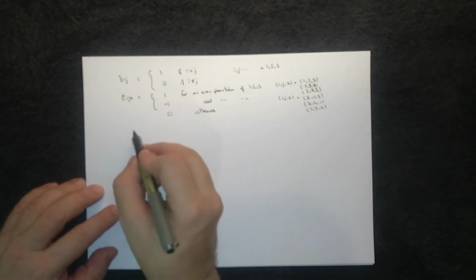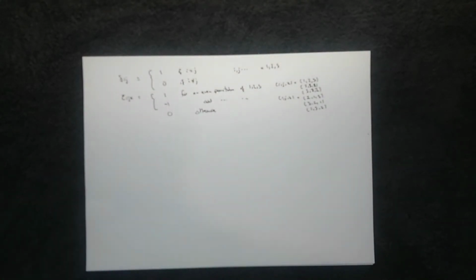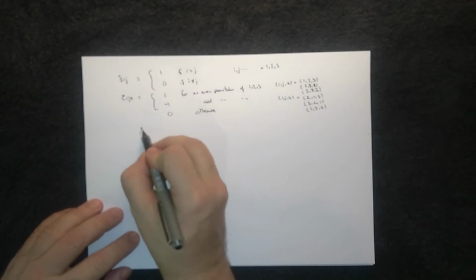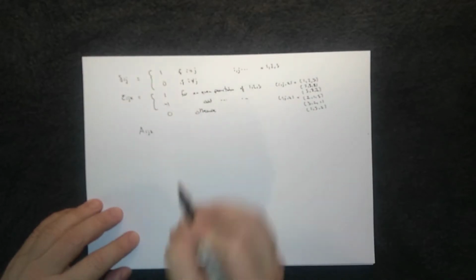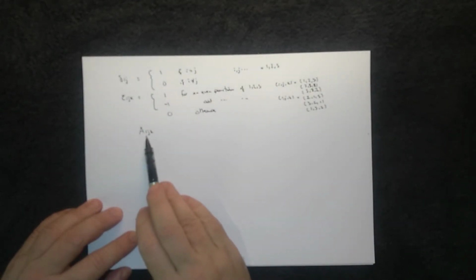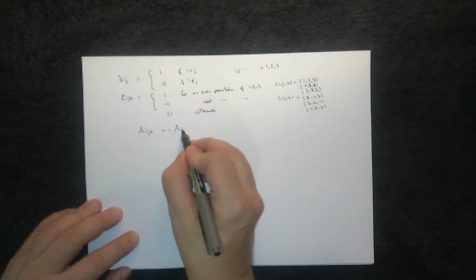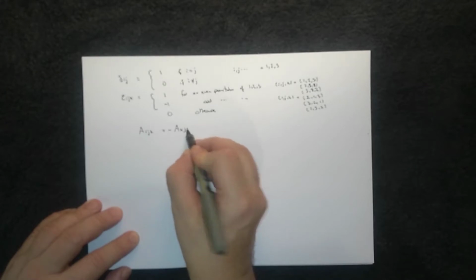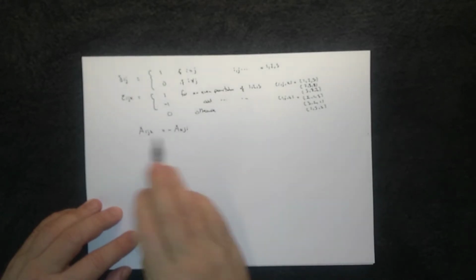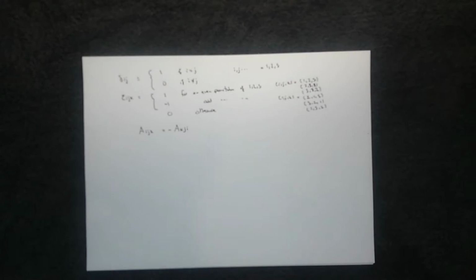So this happens in the case that any two of the indices are the same. Now, epsilon ijk is an example of what is known as a totally antisymmetric tensor. So if we have a_ijk being totally antisymmetric, which means whenever I exchange any pair of indices, I change the sign of a. So for instance, that's minus a_kji. And the same sort of relationship holds with swapping any pair of indices.